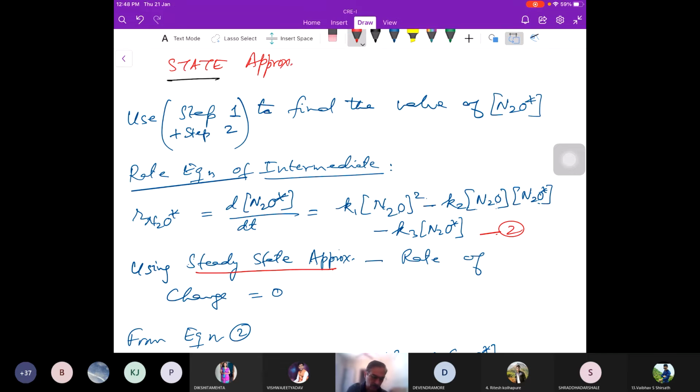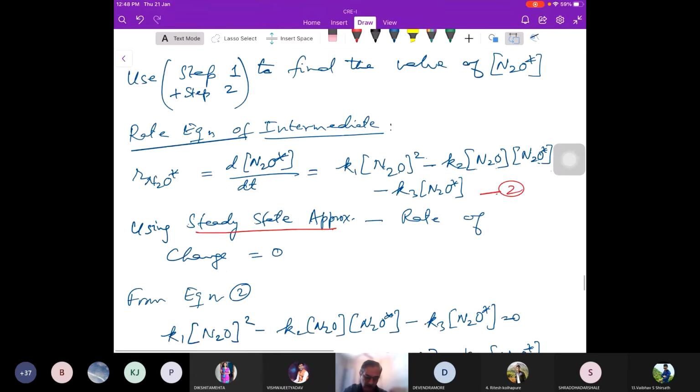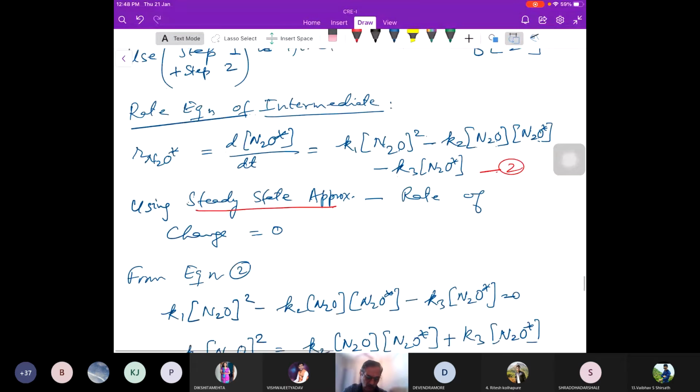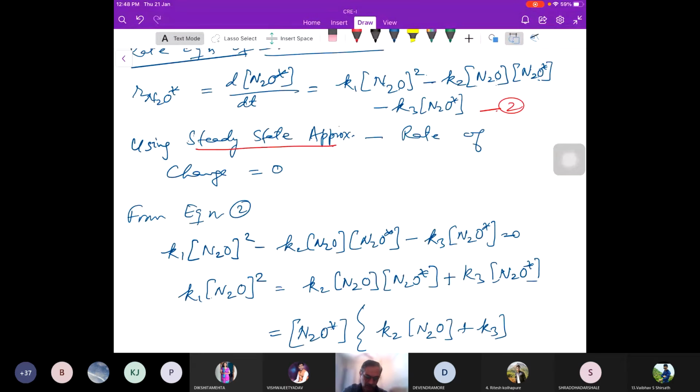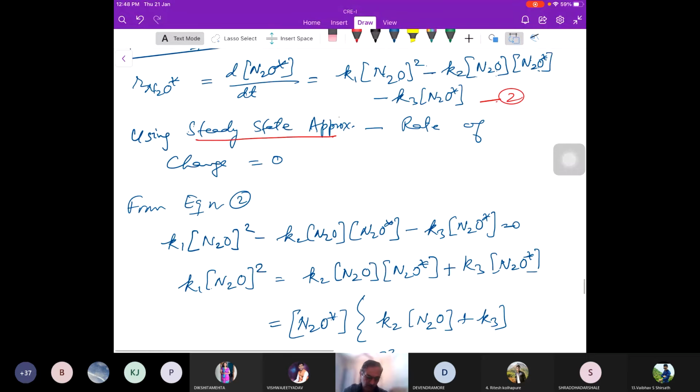So this equation, the rate of change of N2O* concentration with time, is equal to 0. So the right hand side becomes 0, and what we get is k1[N2O]² minus k2[N2O][N2O*] minus k3[N2O*] is equal to 0.